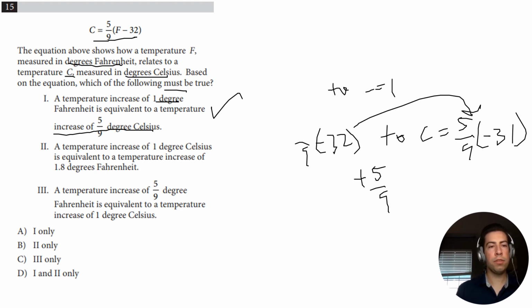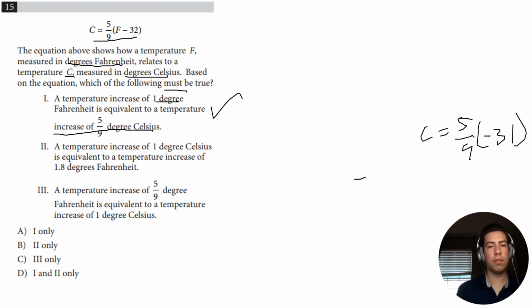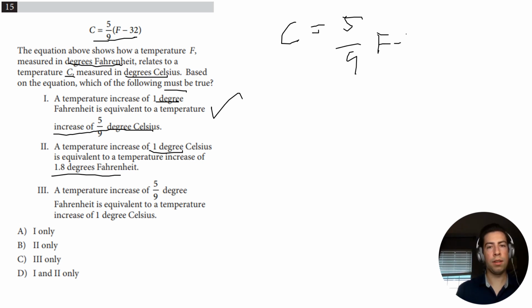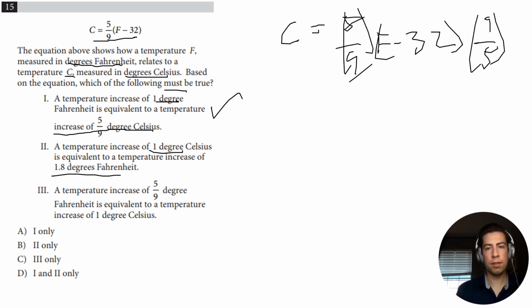So I have a temperature increase of 1 degree Celsius is equivalent to a temperature increase of 1.8 degrees Fahrenheit. Okay, so what I want to do here is go ahead and let's solve for F. So this is going to be C equals 5/9 times F minus 32 in parentheses. So I'm going to multiply both sides by 9/5 so that these are going to cancel out here.